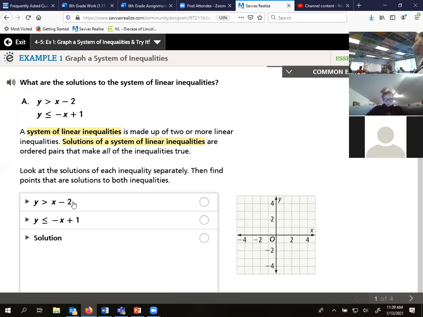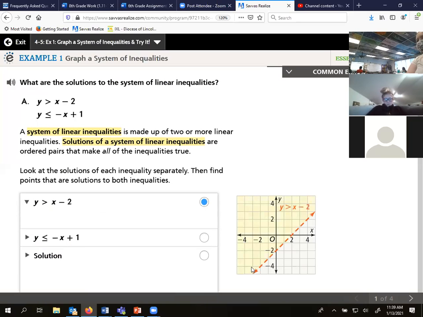Where would y be greater than? Above or below? Above. Okay, so they have the line, it's dashed, and they shade it above. They want to know where y is greater than this line. Okay, if you draw that line, y's are greater up here.